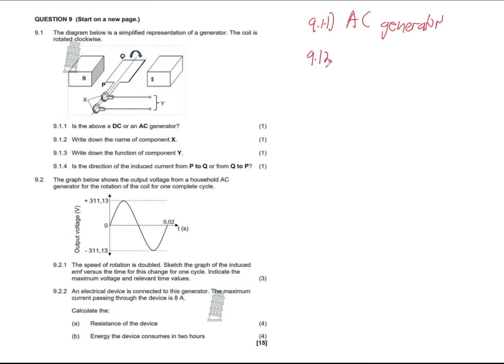Then 9.1.2, they say write down the name of the component X. So these are what? Slip rings. 9.1.3, they say write down the function of component Y. So component Y, these are what? These are carbon brushes.